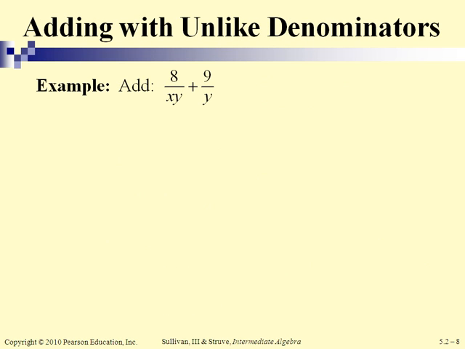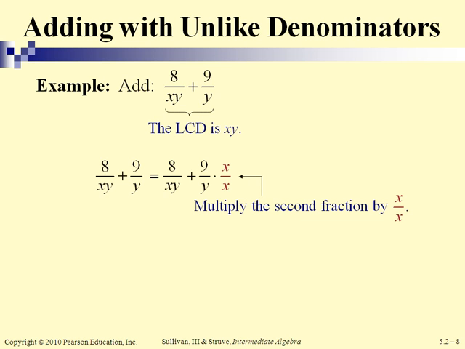You first find the LCD. What is the LCD now? xy. So this needs to be multiplied by x over x, right? You multiply by x so that you get xy. Is that okay? So what will you get?